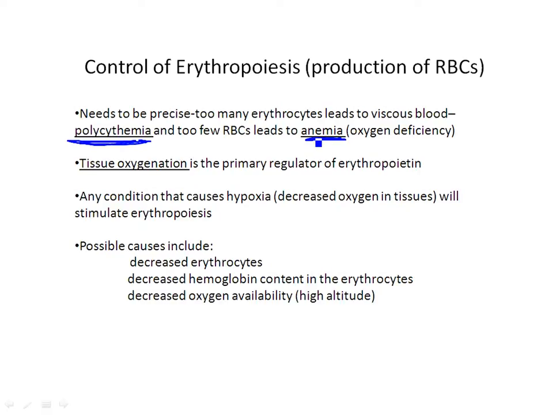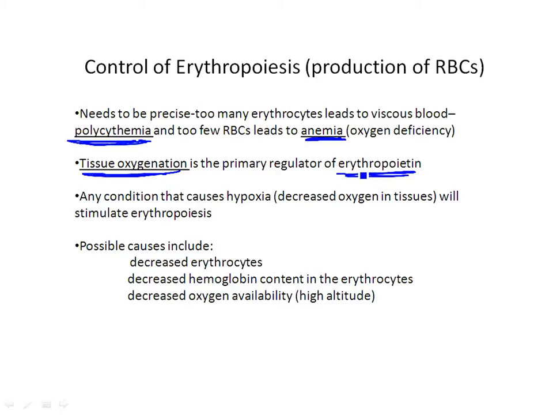The trigger that your body looks for is tissue oxygenation. Are your tissues being oxygenated properly? If they're not getting enough oxygen, then that's going to be the stimulus that causes us to make more red blood cells. And it stimulates a protein known as erythropoietin. We'll go into that in just a minute.